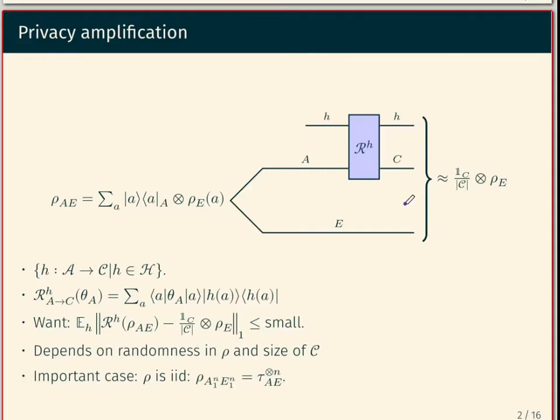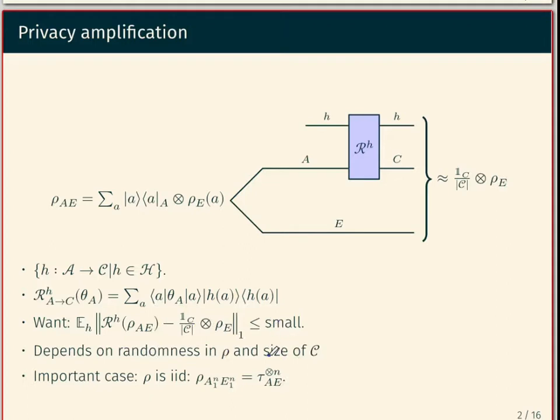And if it is to be secure, the goal is to have something that is uniform and independent from whatever Eve has here. So more precisely, we want the trace distance between the output of the protocol, so the state we get after applying the hash function, and the ideal key here, independent of Eve's system, to be small here.